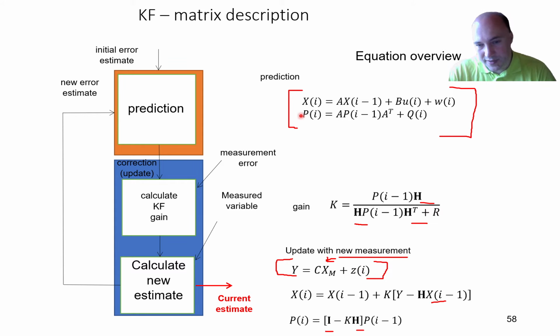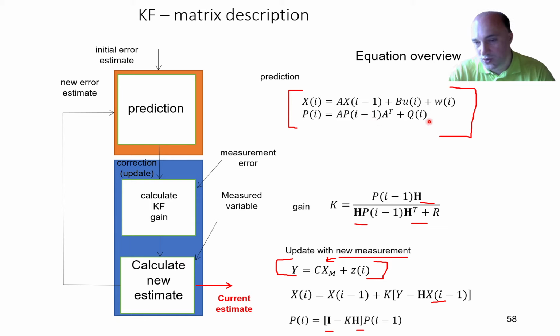And then the second step of prediction is to calculate the prediction of my error, and this is again based on the matrix A and on the previous value of my prediction estimate.